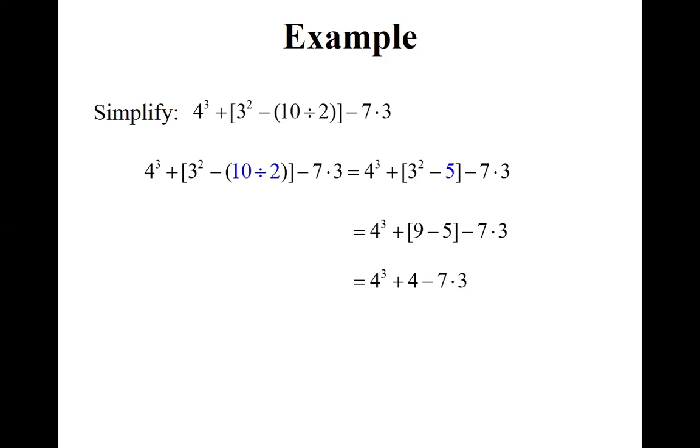Now looking at what we have, no more grouping symbols, but we have an exponent. 4 to the third. That's 4 times 4 times 4. 4 times 4 is 16. 16 times 4 is 64. 64 plus 4 minus 21.